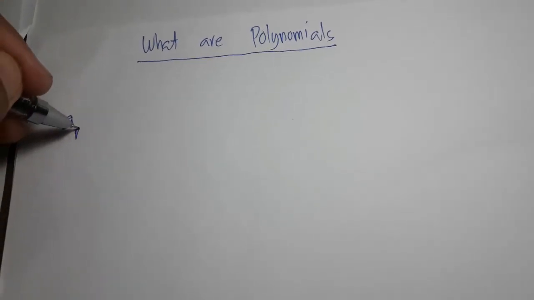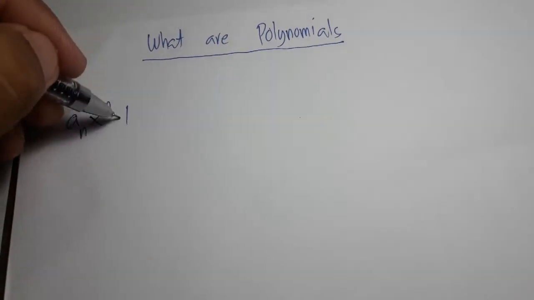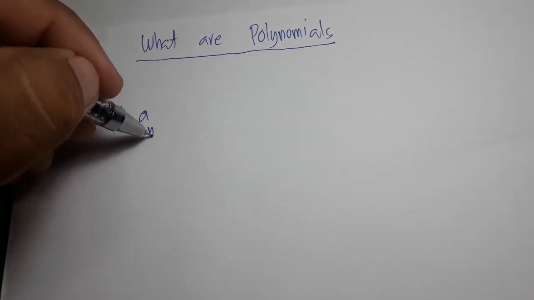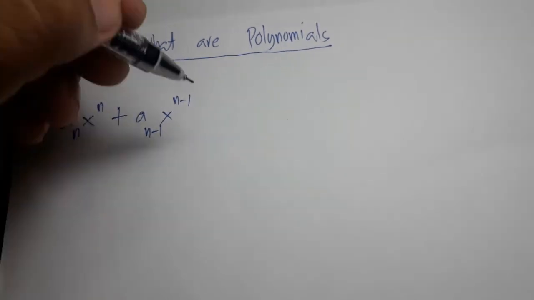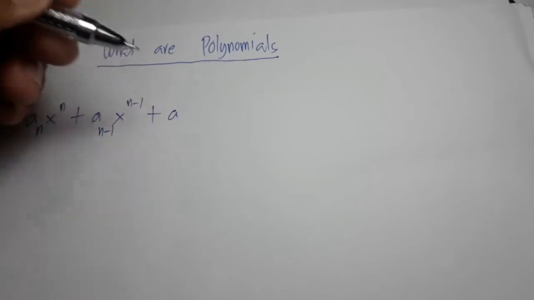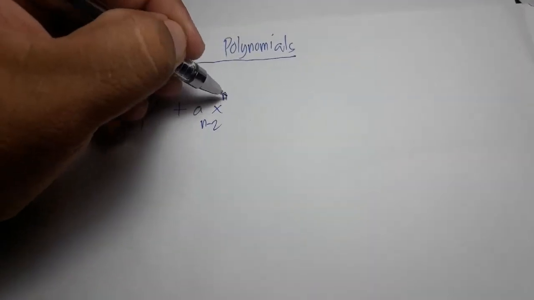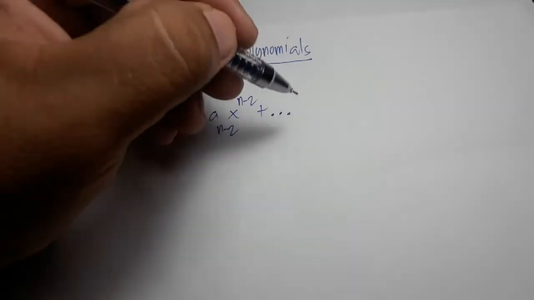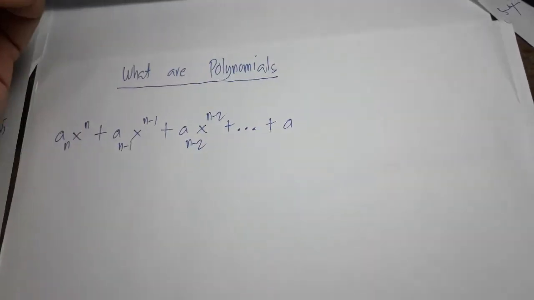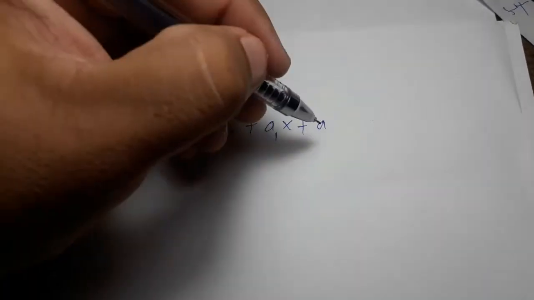a subscript n times x to the power of n plus a subscript n minus 1 times x to the power of n minus 1 plus a subscript n minus 2 times x to the power of n minus 2 plus and so on plus a subscript 1 times x plus a subscript 0.